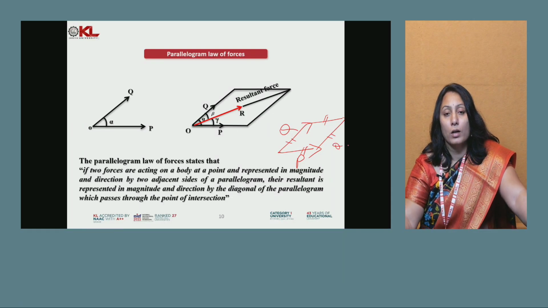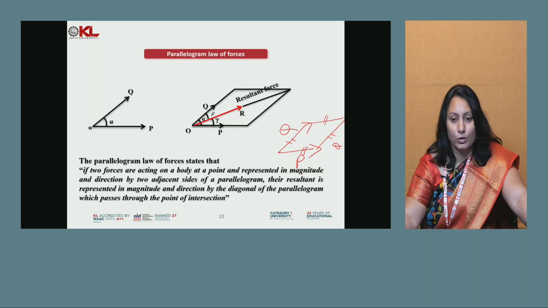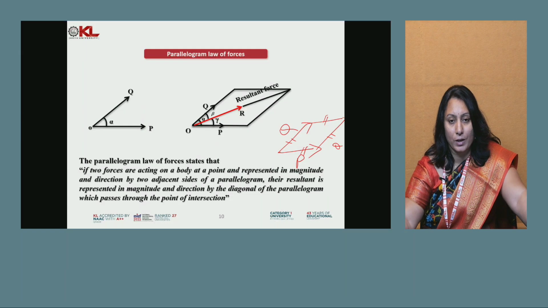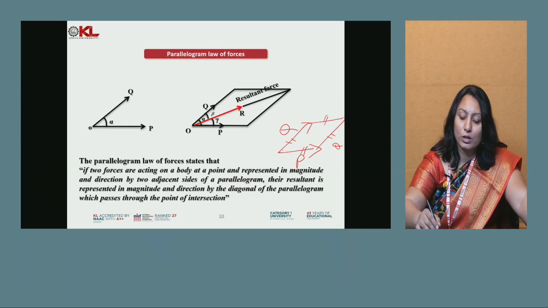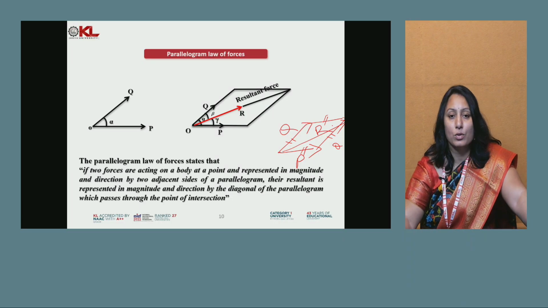Now 2 forces are represented as the 2 adjacent sides of a parallelogram. Then the resultant is represented in magnitude and direction by the diagonal of the parallelogram passing through the intersection of P and Q.